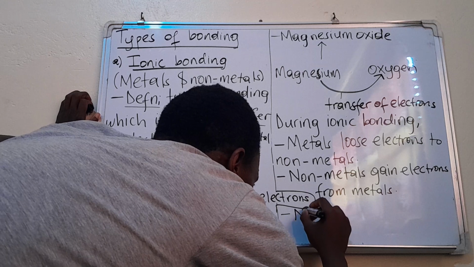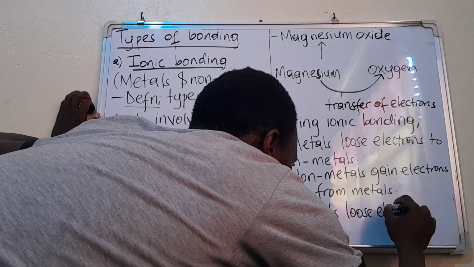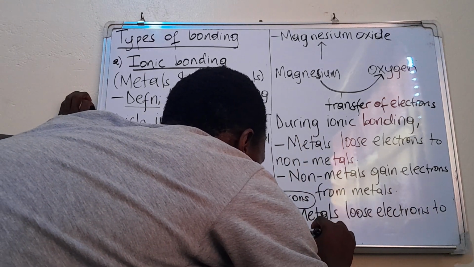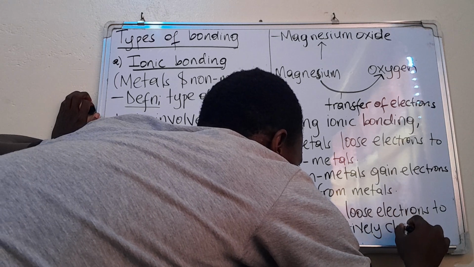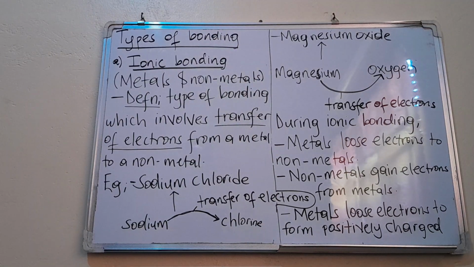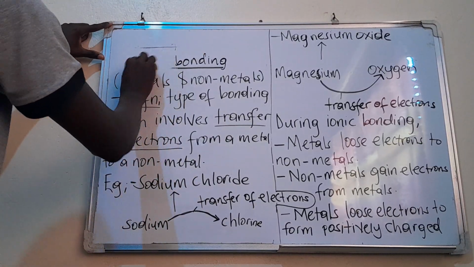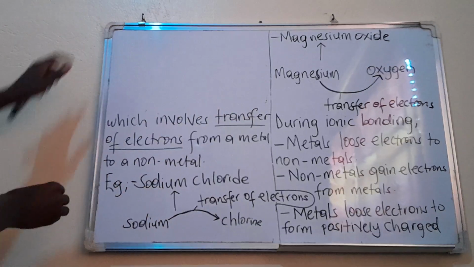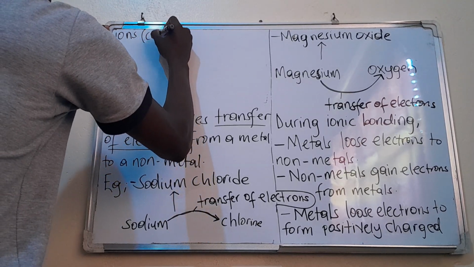So they lose electrons to form positively charged ions, and these positively charged ions are known as cations.